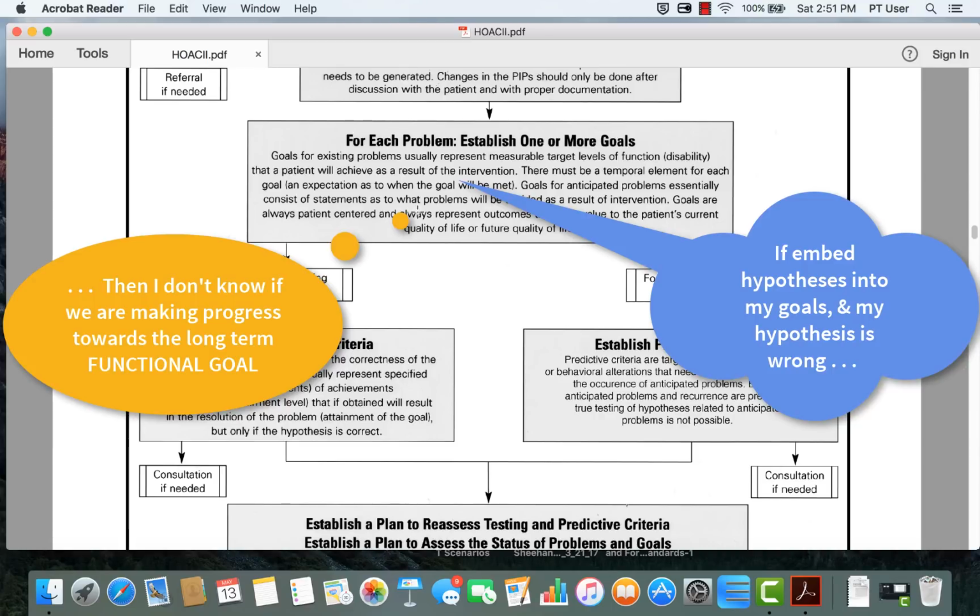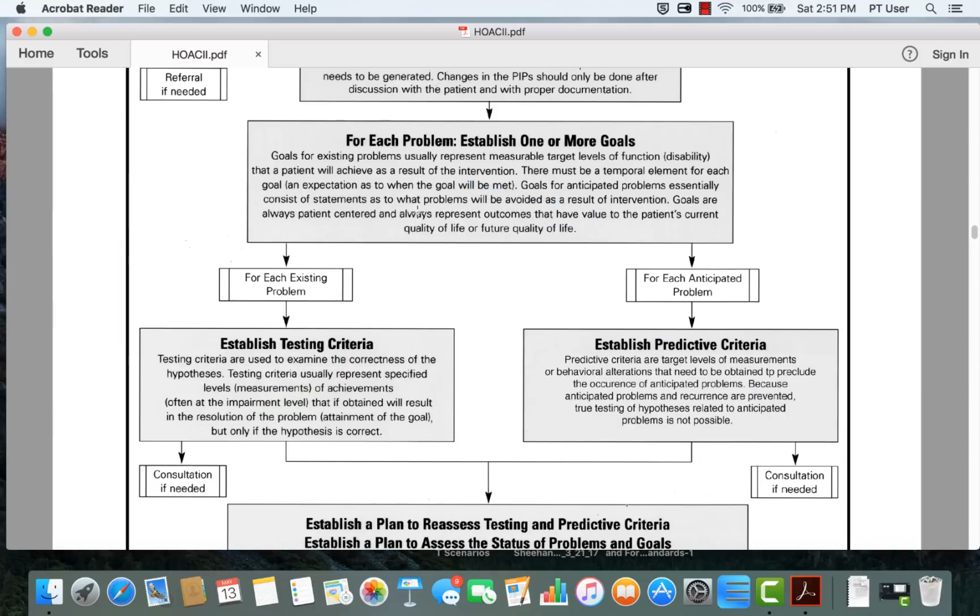As opposed to, if you were measuring their accomplishment of walking consistently, then if they walk a certain distance with a certain assistive device, with a certain amount of rest, with a certain number of trials, and you use those same variables throughout over time, then you know that they're getting closer to their goals.